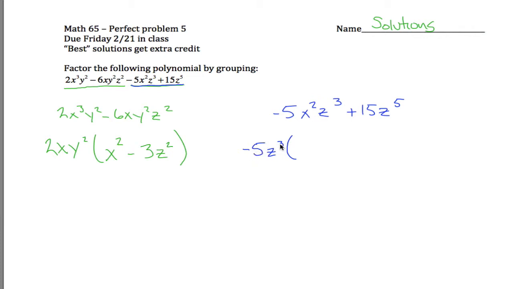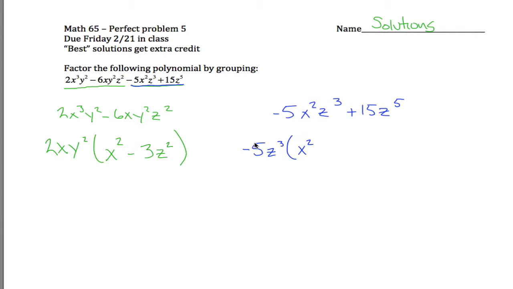What's nice is we have a nice little check built in. Negative 5x squared z cubed divided by negative 5z cubed. Negative 5 over negative 5 is just 1. X squared, and then z cubed divided by z cubed is just 1. So I'm left with just an x squared, which is good. That's what I wanted to be left with. What if I pull out negative 5z cubed from positive 15z to the 5th?